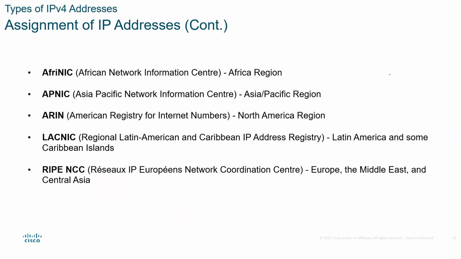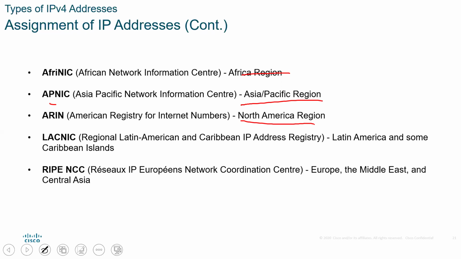Okay. So the AFRINIC, African Network Information Center, is for the African region. The APNIC, Asia Pacific Network Information Center, is for Asia Pacific region. The ARIN, American Registry for Internet Numbers, is for North American region.